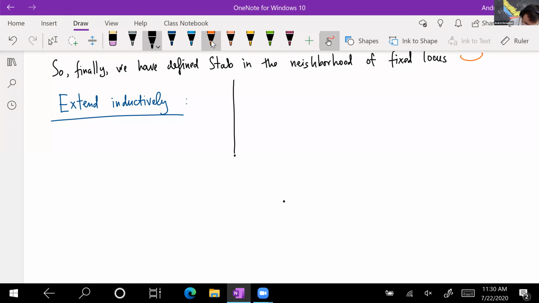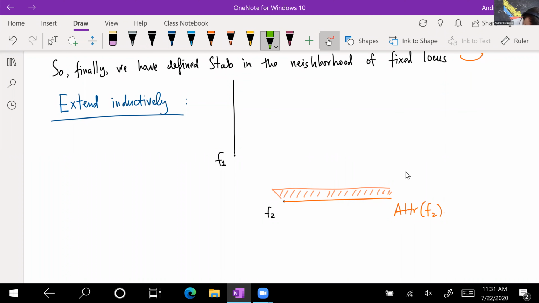So this would be x.1 and x.2, and then there will be the attracting manifold of x.2, and this will be some neighborhood of that, a neighborhood of the attracting manifold.